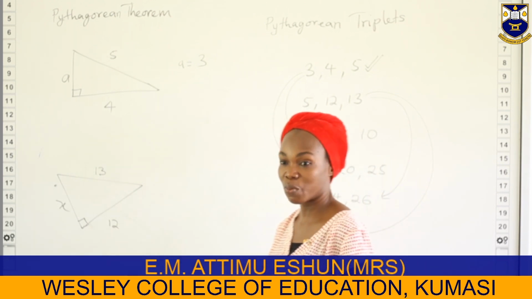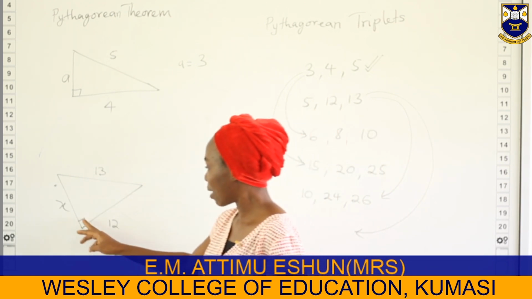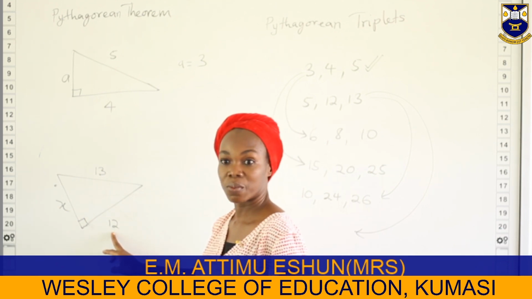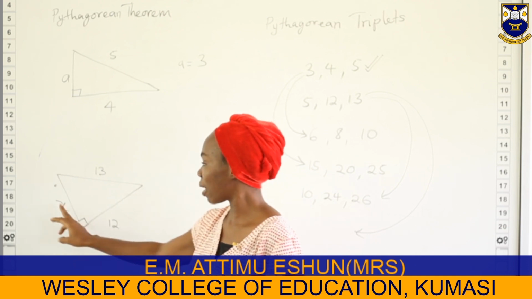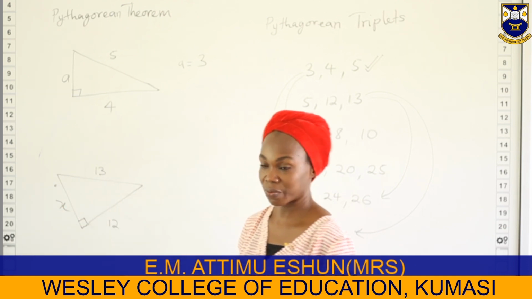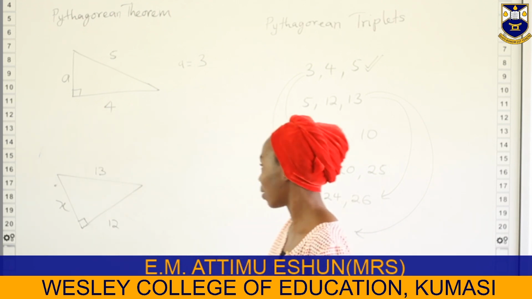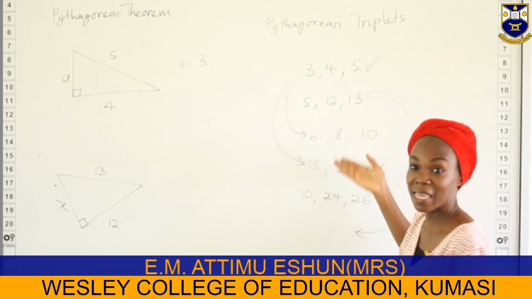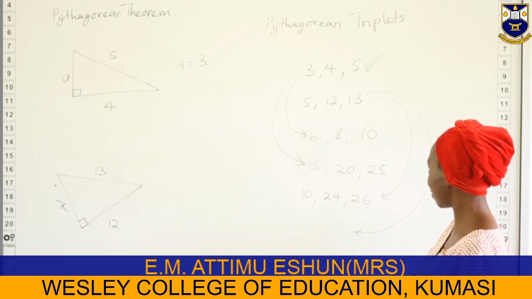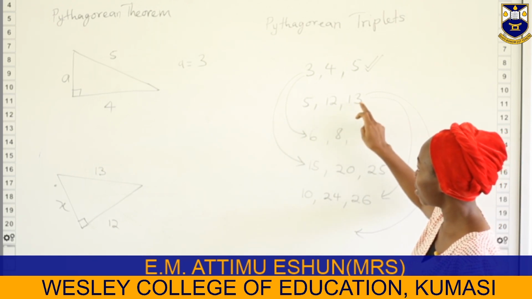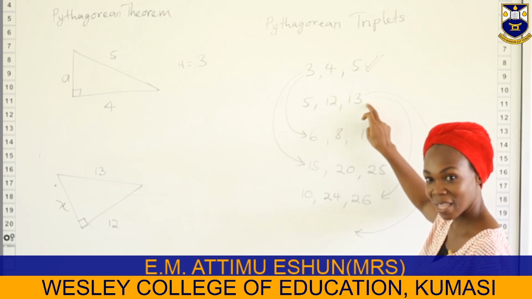Coming to the second one, our right-angle triangle has the two legs with values x and 12. The hypotenuse side has a length of 13 units. And so, checking again from my Pythagorean triplets, we have a combination 12 and 13.